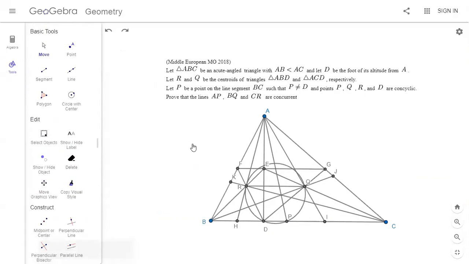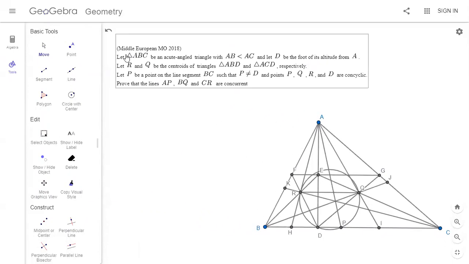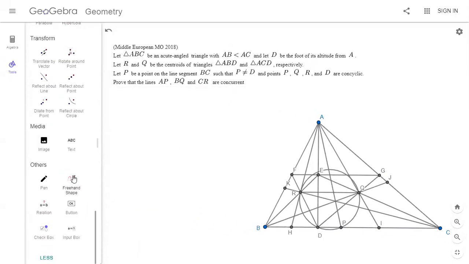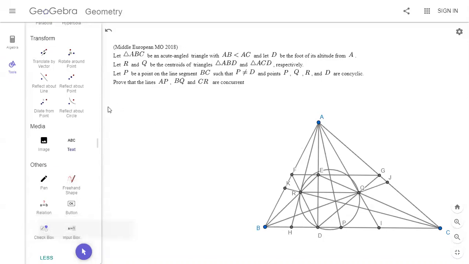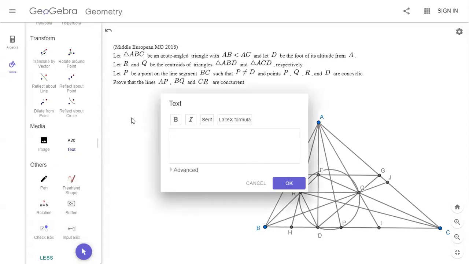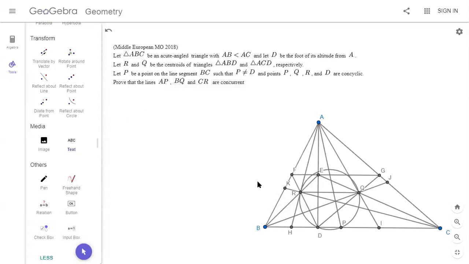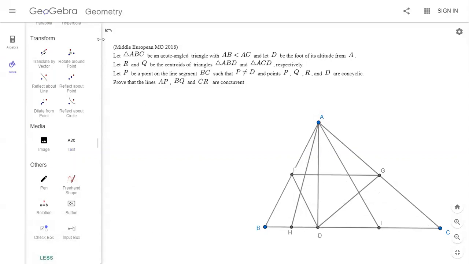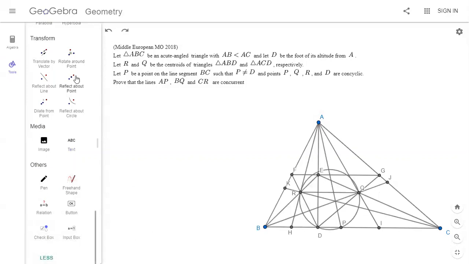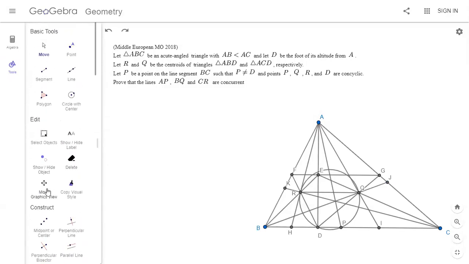I don't know if I've ever used Desargues on a live stream, so this will be fun. Let's see. So yeah, I don't even think I needed point E really. Whoops. Didn't want that to happen. Let me just hide point E and that. Okay.